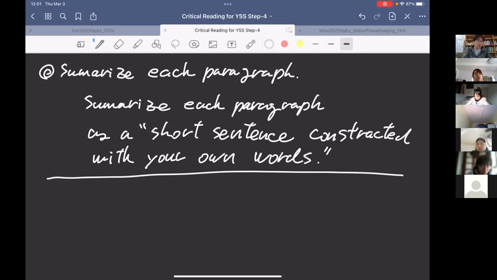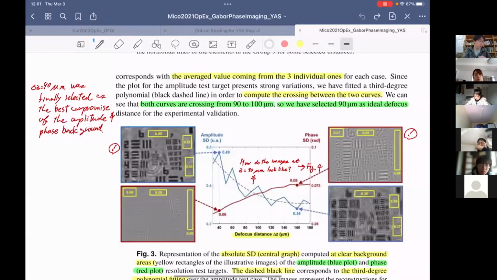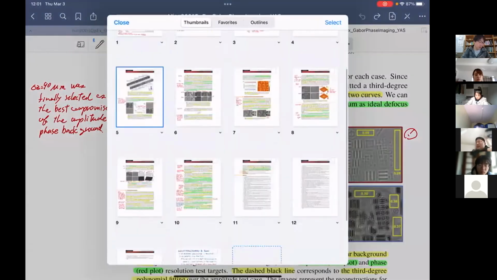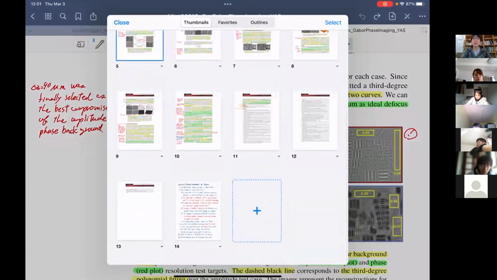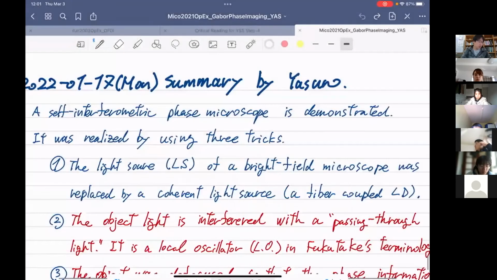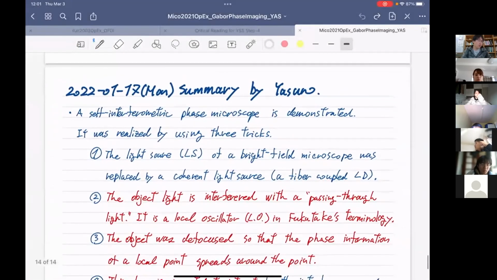But before closing step 4, I just want to talk a bit about step 5. Now, I've explained the summarization or abstraction of each paragraph.